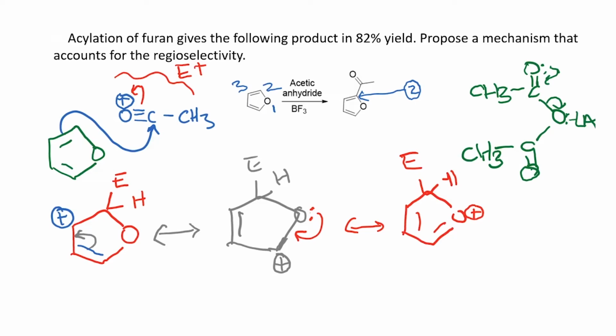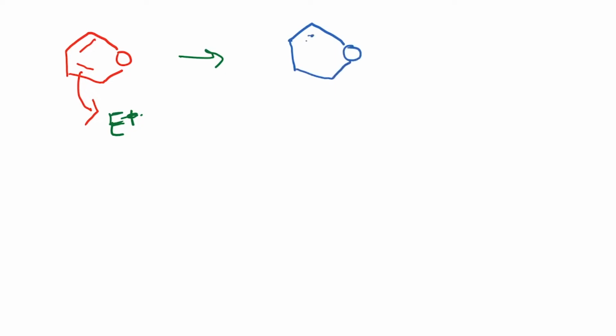Now if we do the same chemistry on the other position, the structure as shown here will first react with E plus, and it's going to give you a compound that looks like this. Okay, so keep in mind that this is 1, this is 2, and on the third position you have the electrophile attacking, and you end up with a positive charge here.